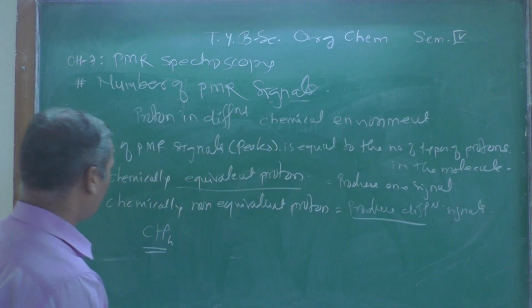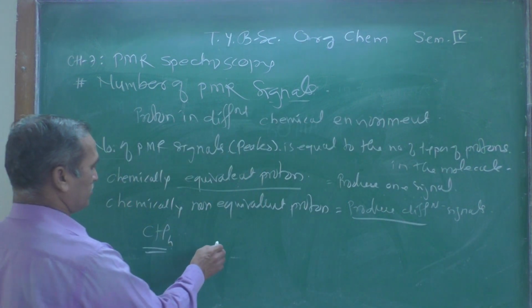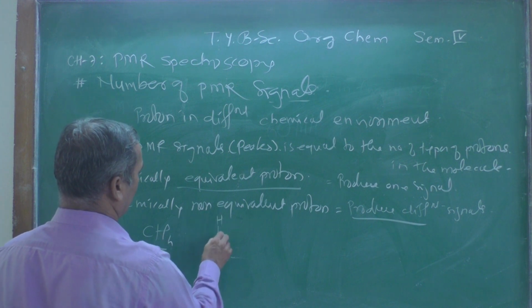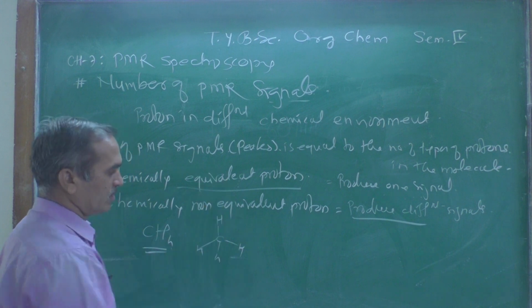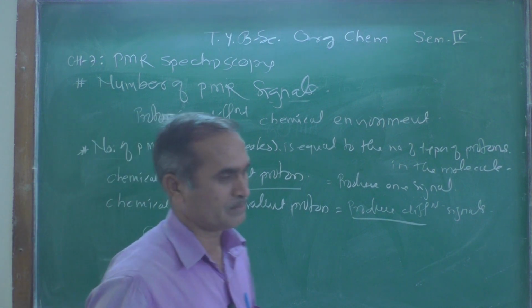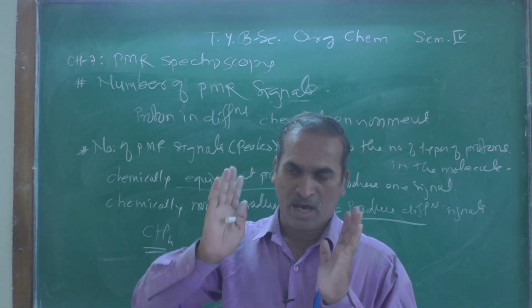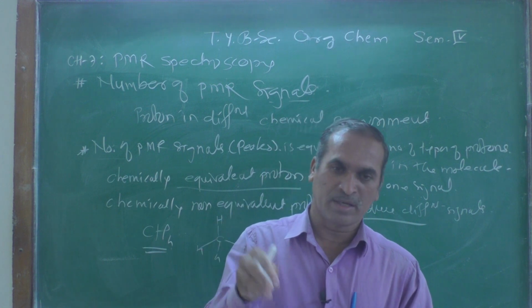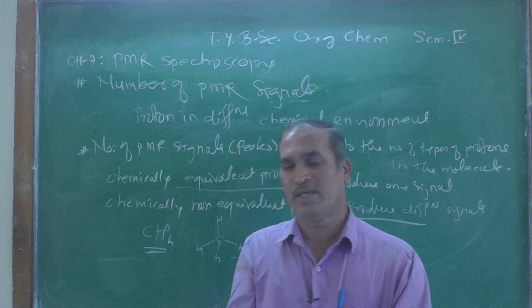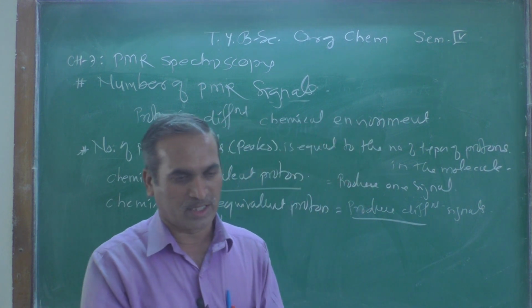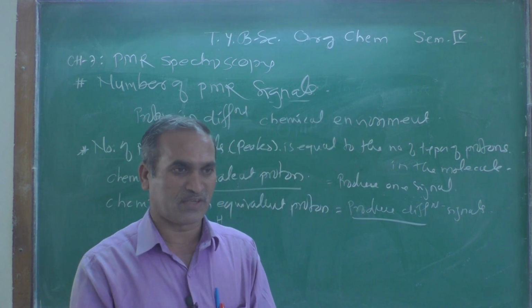Look at all the hydrogen atoms. You know the structure of the methane molecule is like this. Are all the protons chemically equivalent or chemically non-equivalent? That you have to first identify.